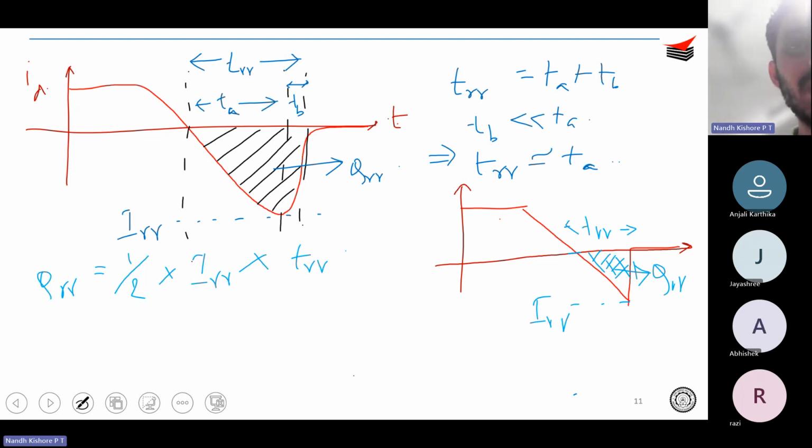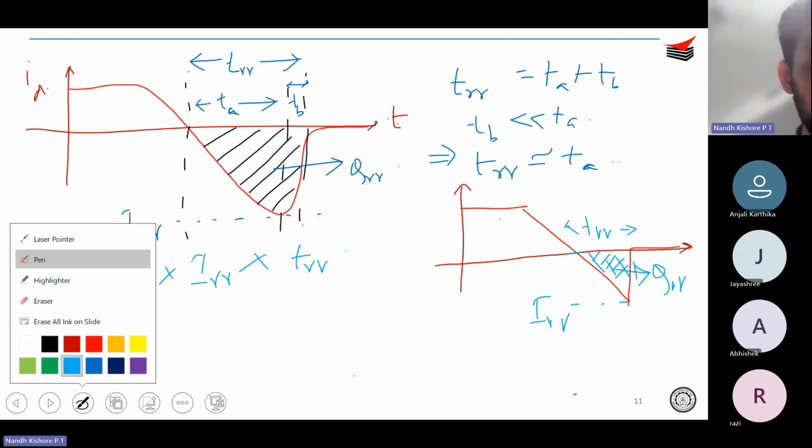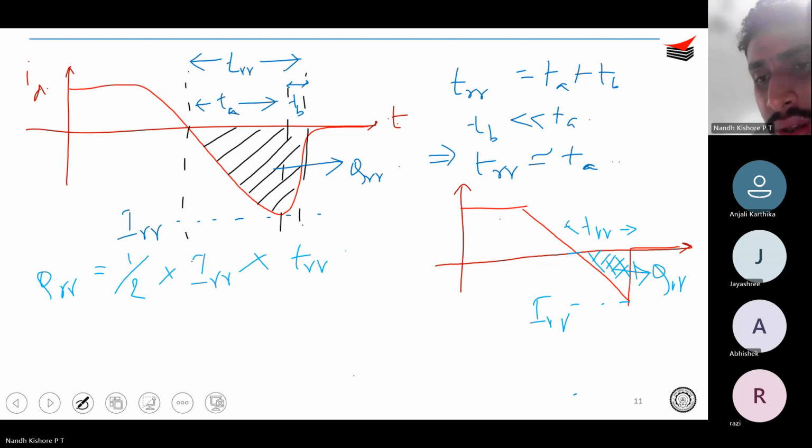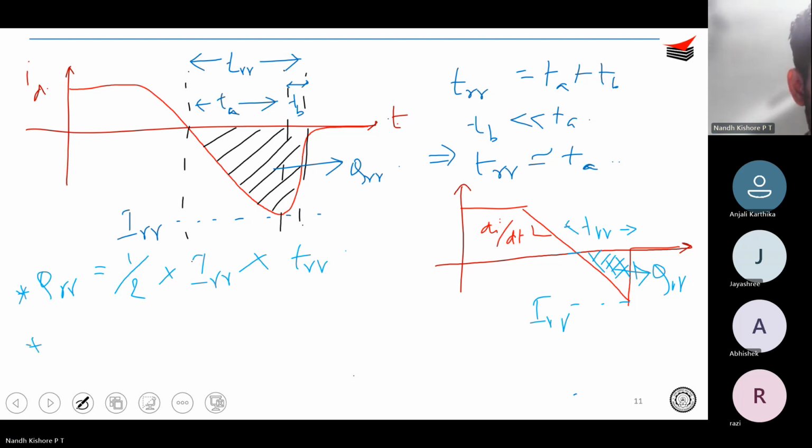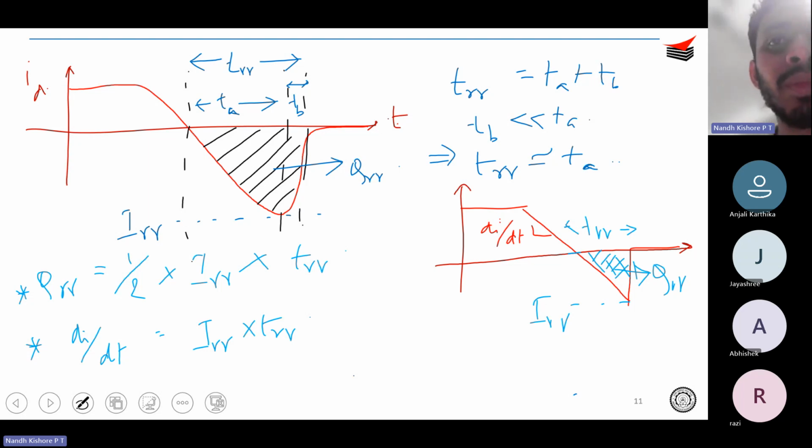So this is the relation, and let's say the slope is di by dt. If you assume that the slope is linear, then di by dt is going to be basically IRR by TRR. So this is the relationship for QRR, and then you also have di by dt.